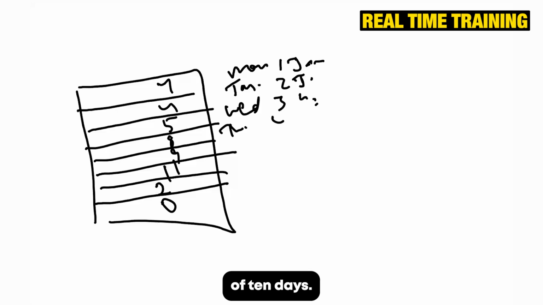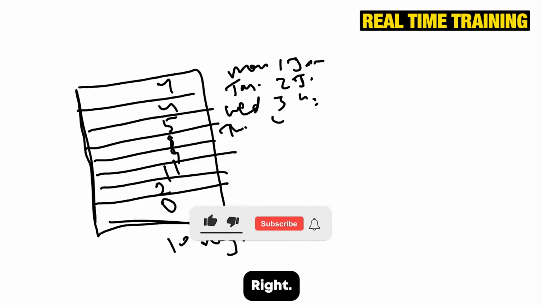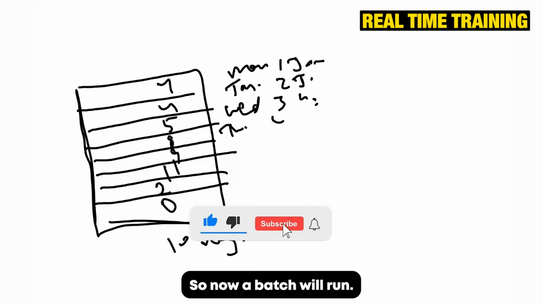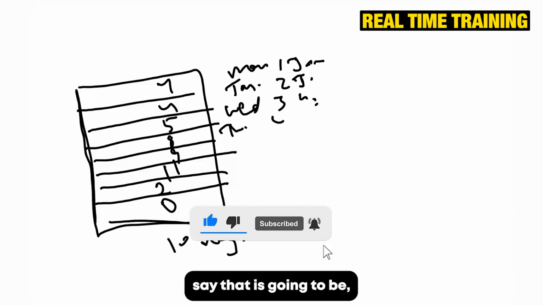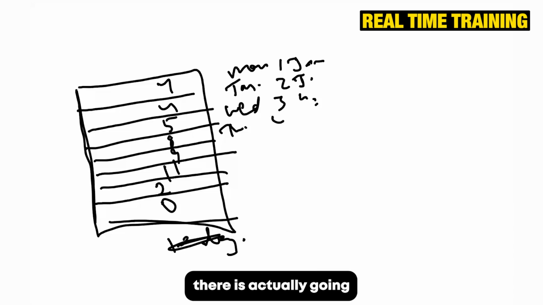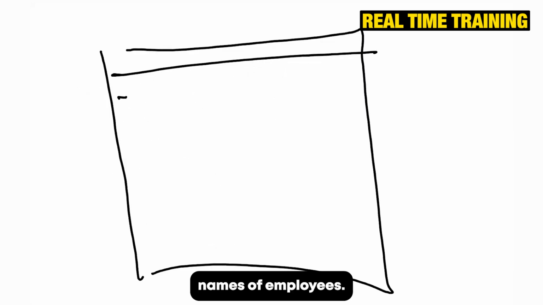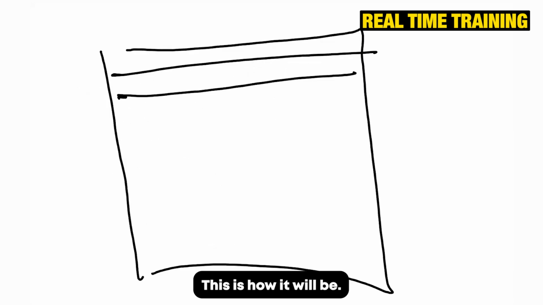Towards the end of 10 days there are at least 10 entries here, right? Now a batch will run. It will take all this data. If there are 7 entries, there's going to be 7 rows. It is going to have names of employees. This is how it will be.